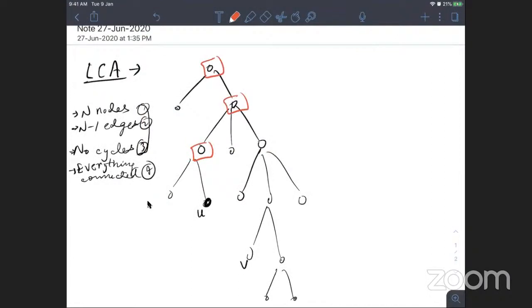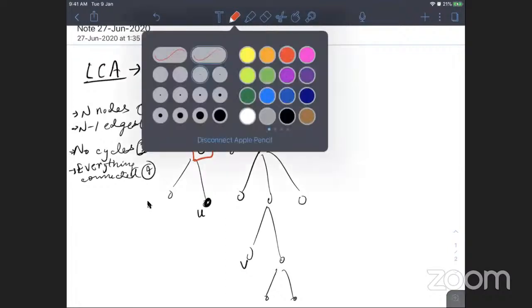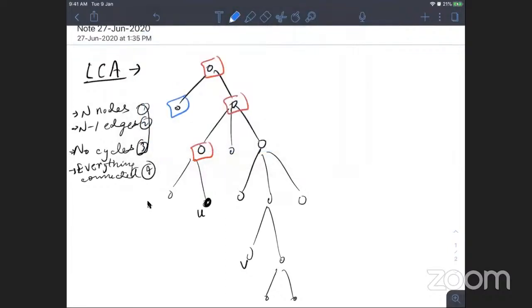These all 3 are U's ancestors because they are above U. But this node is not U's ancestor because U is not in his subtree. So all these 3 red nodes are U's ancestors.